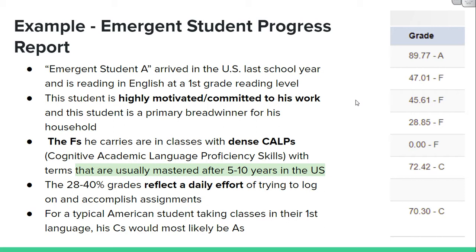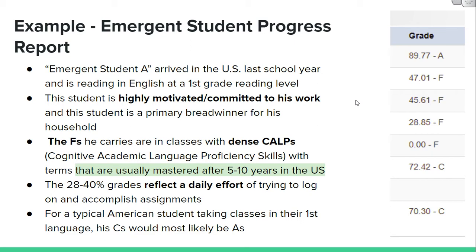Usually those kinds of academic terms are not mastered by someone learning the English language for the first time until after 5 to 10 years in the United States. And keep in mind that this child is within his first year in the United States. So his 28% to his 47% Fs are reflecting a daily effort of trying to log on and accomplish assignments.